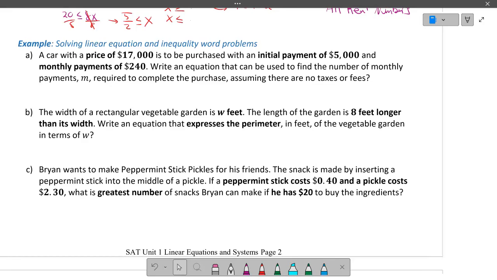So we have a car with a price. So the car costs $17,000. You're going to put a down payment of $5,000, and then you're going to make monthly payments of $240. What is this question asking us to do? Very simple, in 3 words. What does it want us to do? Write an equation.